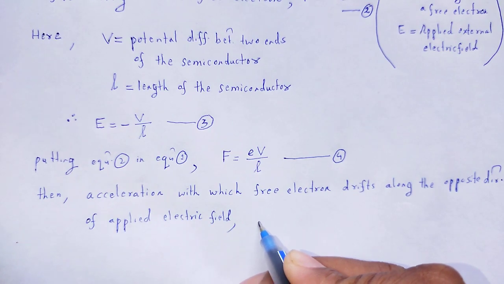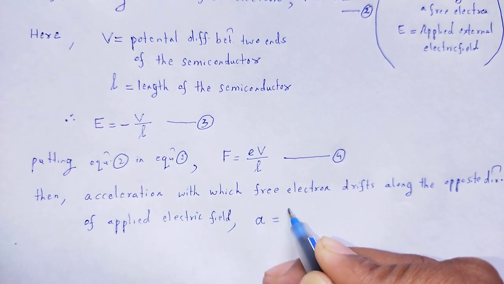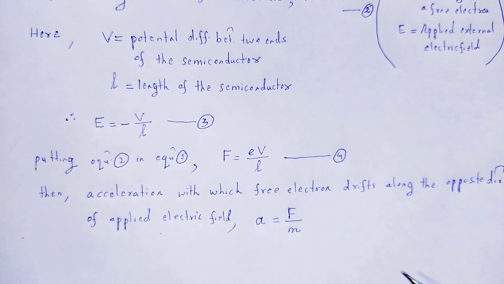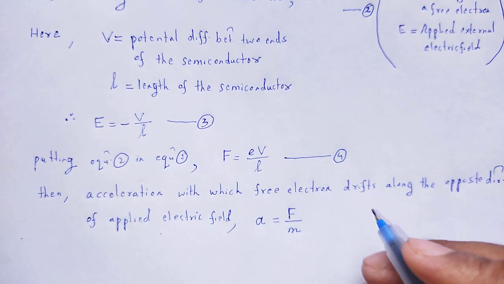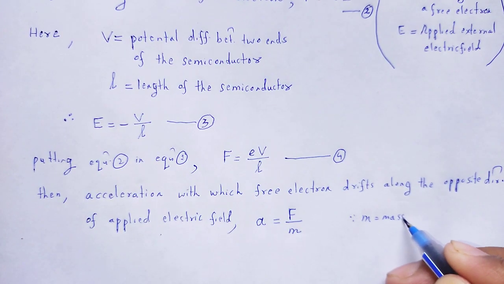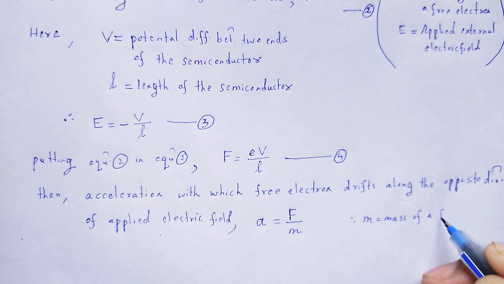So, that acceleration a is equal to force divided by mass of an electron, small m, mass of a free electron.